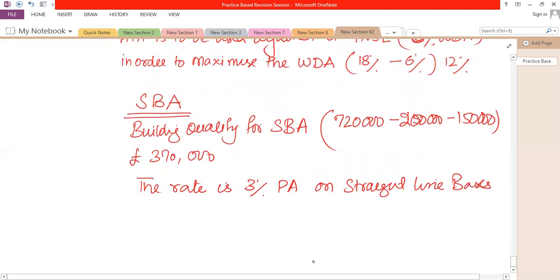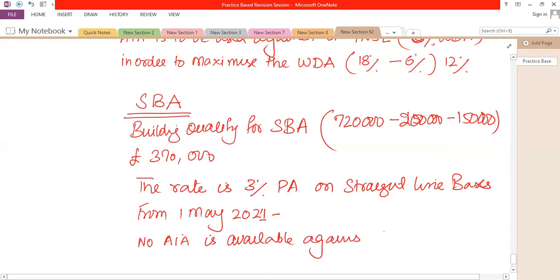So as this asset was brought into use on 1st May 2021, from 1st May 2021, time apportion when needed. Okay. No AIA is available against the building.